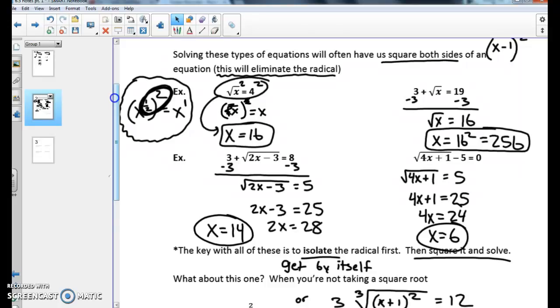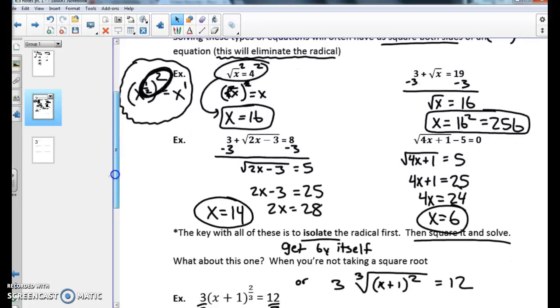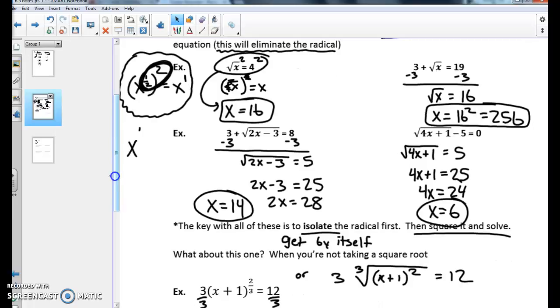So we just got x to the first, right? We don't put x to the first, we just put x. But the whole idea is I want to raise it to something so that I can get to the first power. Similarly, if I had the cubed root of x, I wouldn't want to raise that to the second power. I would want to raise that to the third power, because that would take me right to x.